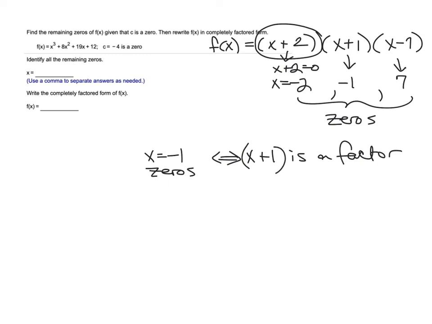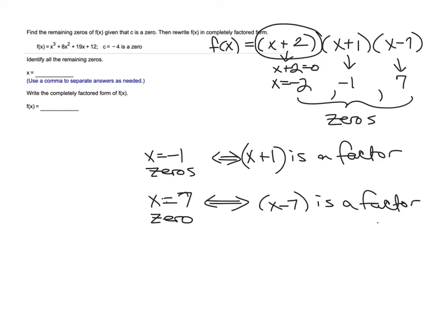So once again, if x equals 7 is a 0, then you know that x minus 7 is a factor of f of x. Okay, and remember what a factor means. It's just if you took a number and you were able to divide it evenly into a function, that's a factor. This was just a little summary before we dive into this problem.